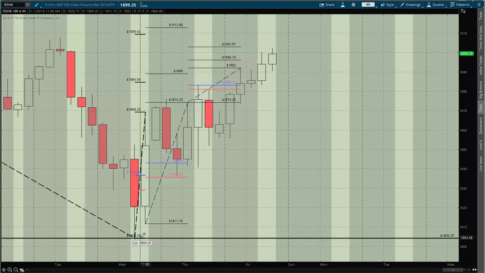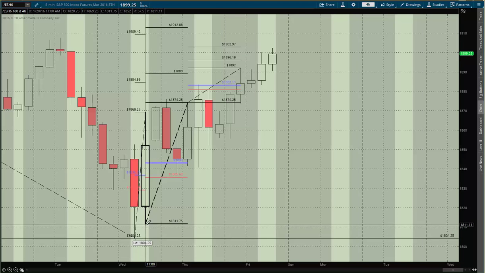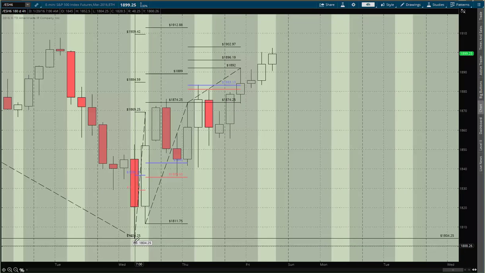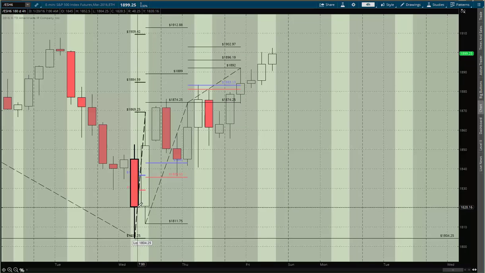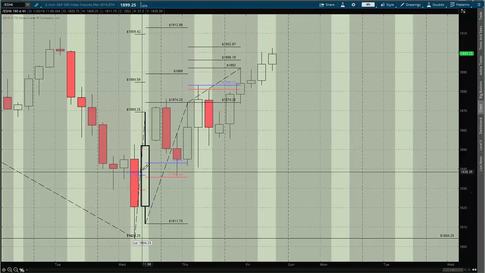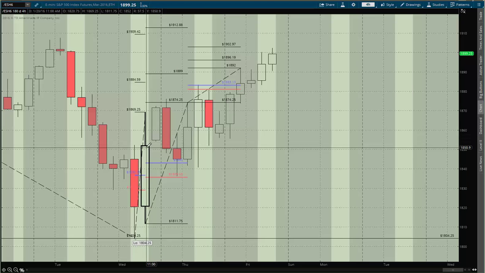So what we see here is another traditional one, starting where this first really big 4-hour up move happened. What we had is the initial bounce. We came over into here, we retraced, and then price picked up all the way up to here and retraced back to here.